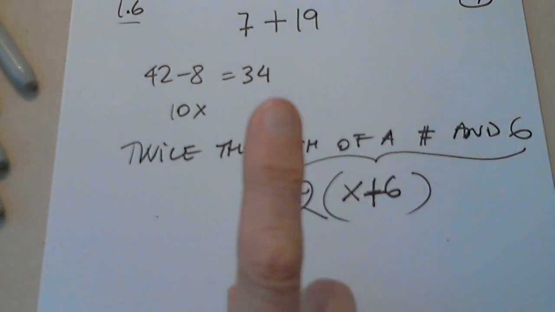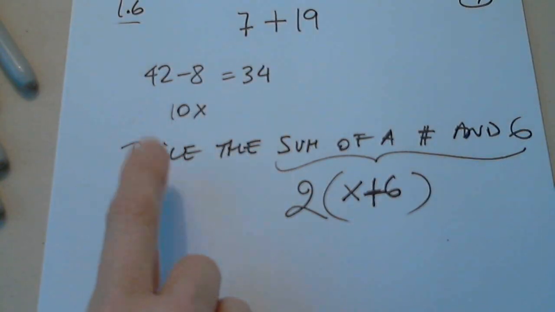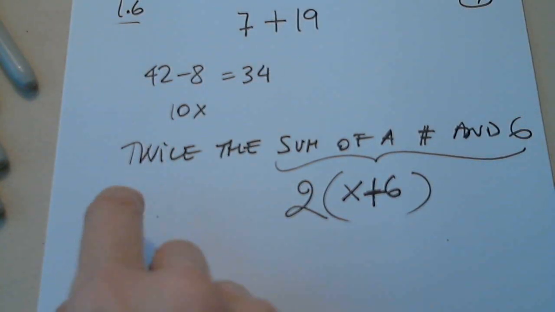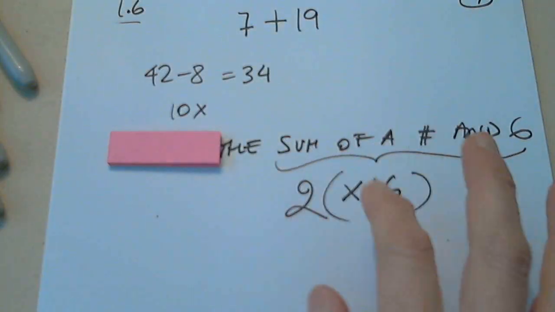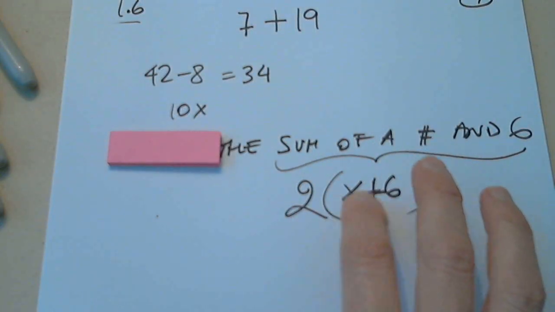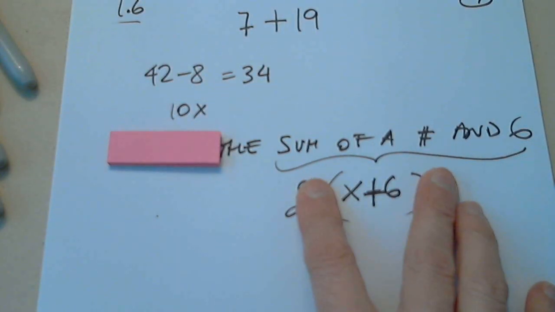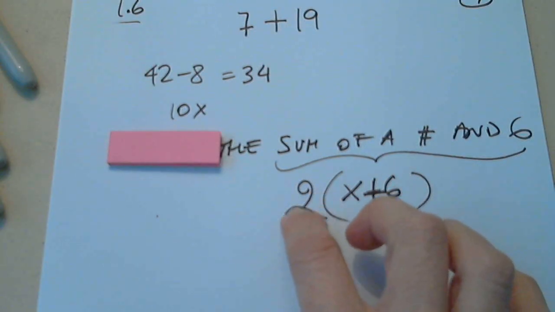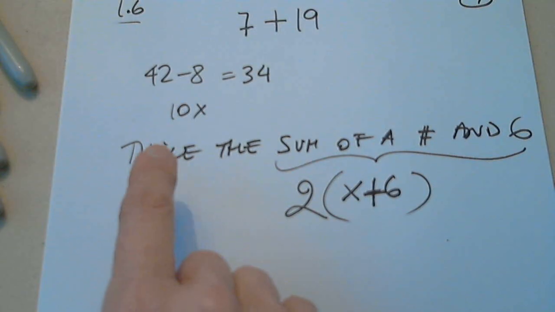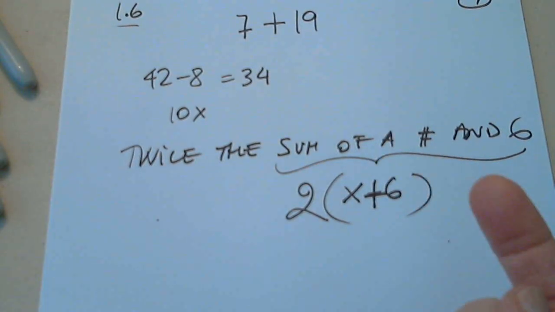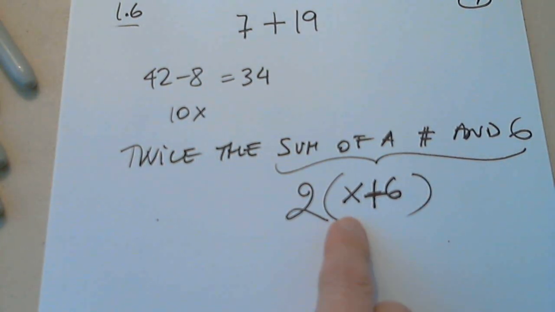It does not say twice the number blah, blah, blah. No. It says twice something. The sum of a number and 6. This is the sum. If you put just 2 in front without parentheses, you're not multiplying, you're not determining twice the sum, you're only determining twice x.